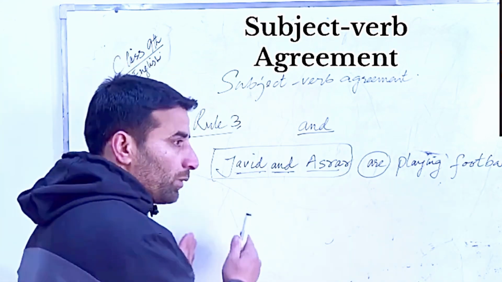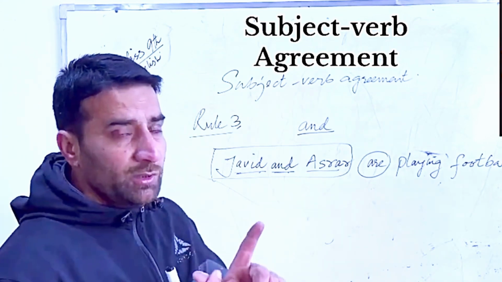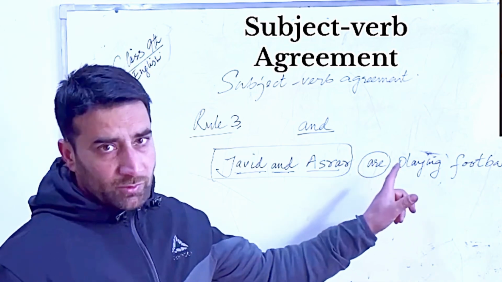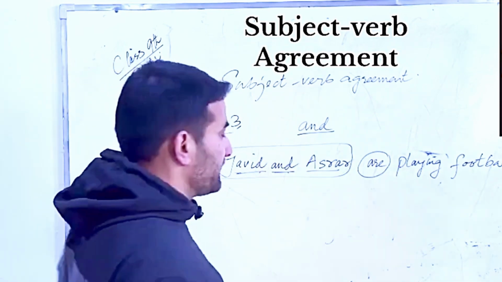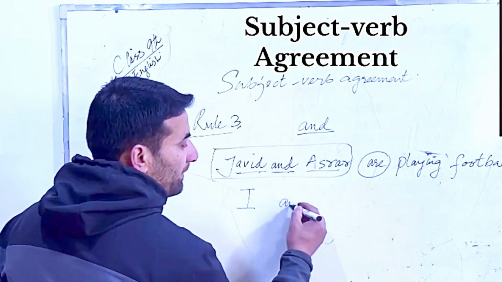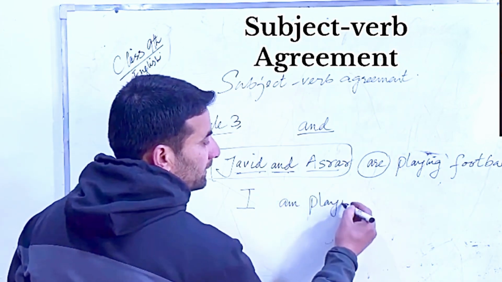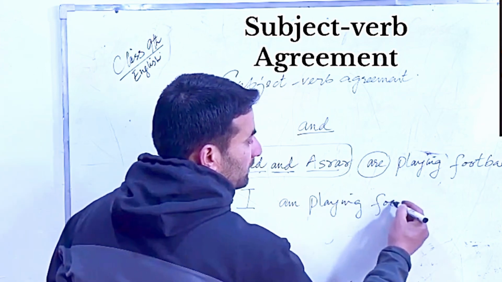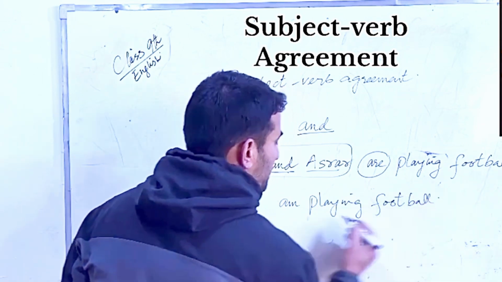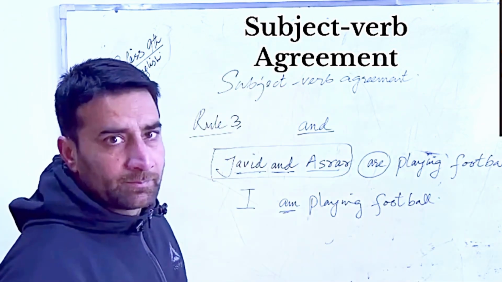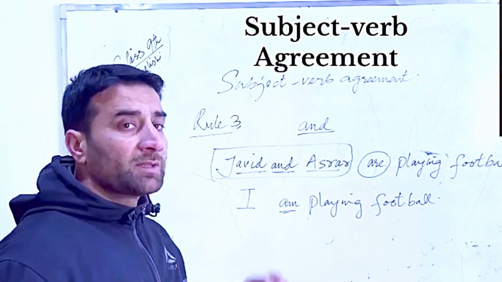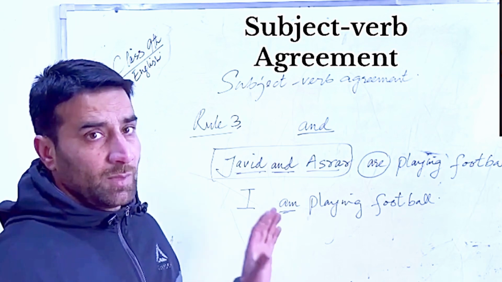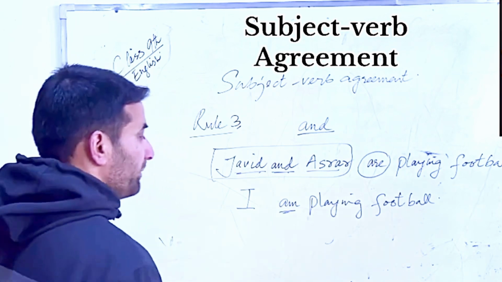Okay, so we have read that when the subject is singular, the corresponding verb or helping verb should be singular. Like I am going for another example to make you understand. I am playing football. You can understand am. And also I will make you understand when we talk about third person singulars, about the present tense, then what will be?